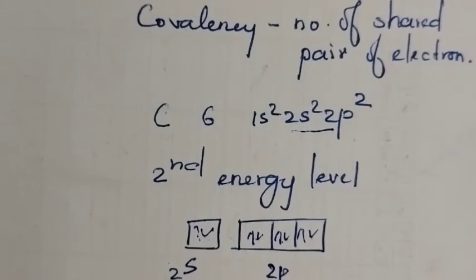So carbon, to the maximum, can have 4 shared pairs of electrons. Therefore, covalency is 4 only.